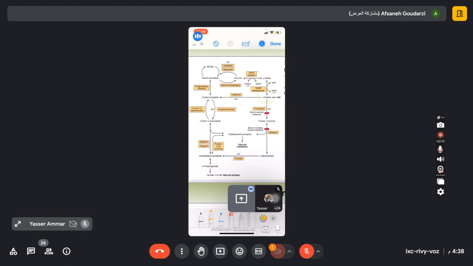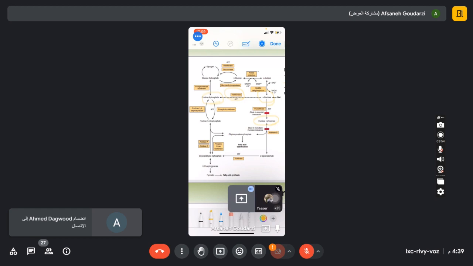If you look at fructose here, okay, we start from here. You see fructose here, and then fructose could be changed to either fructose 6-phosphate or fructose 1-phosphate. Fructose 1-phosphate is formed by the function of the enzyme known as fructokinase. It is changed to fructose 6-phosphate by the function of the enzyme known as hexokinase. So we can change fructose to fructose 1-phosphate or to fructose 6-phosphate.